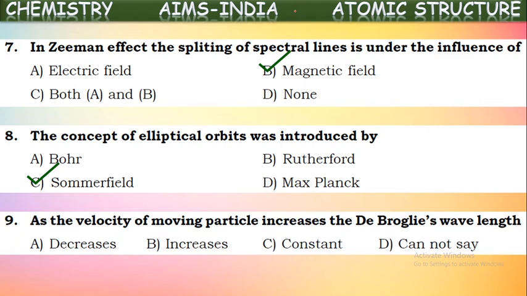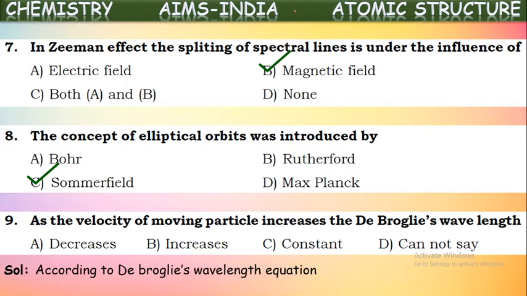Next, as the velocity of the moving particle increases, what happens to de Broglie's wavelength? We know according to de Broglie's wavelength equation, lambda is equal to h by mv. See here how wavelength and velocity of the particle are related: lambda is inversely proportional to velocity.